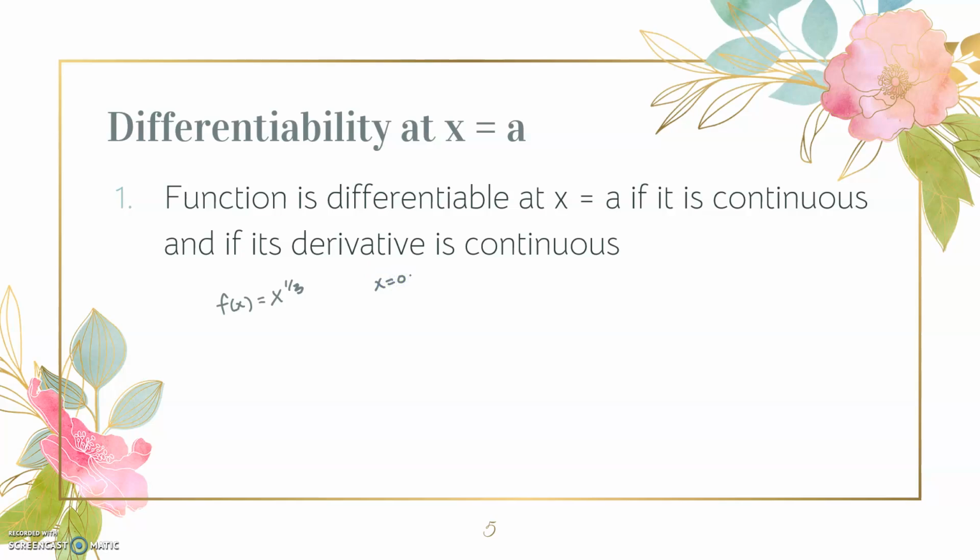I get 0 from both directions, and so it is continuous. But if I take a derivative of this function, I get 1/3 x to the negative 2/3, which if I rewrite, I get 1/3 cube root of x squared, and that is not continuous. The derivative is not continuous at x equals 0, so it is not differentiable at x equals 0. F is not differentiable because f prime is not continuous at x equals 0.